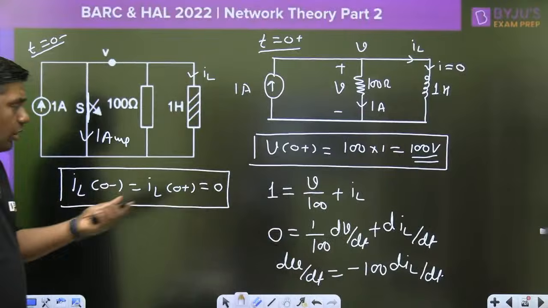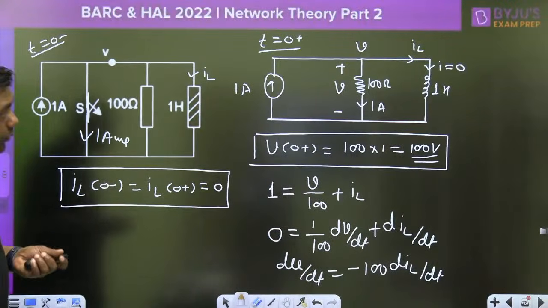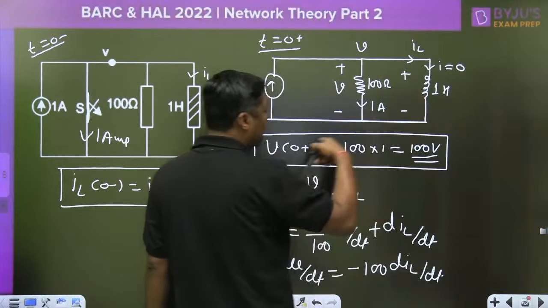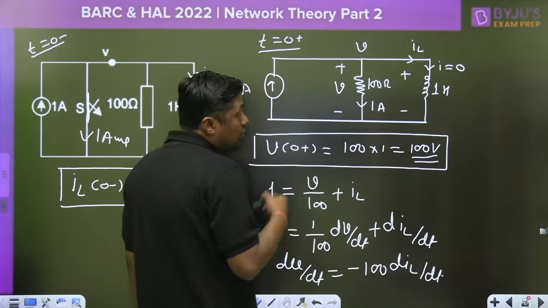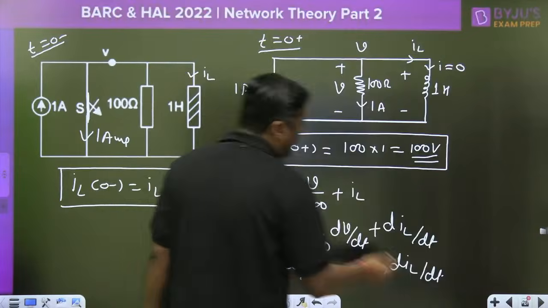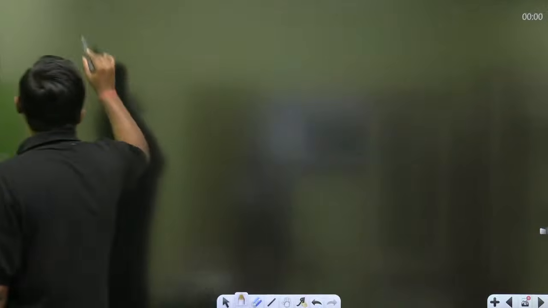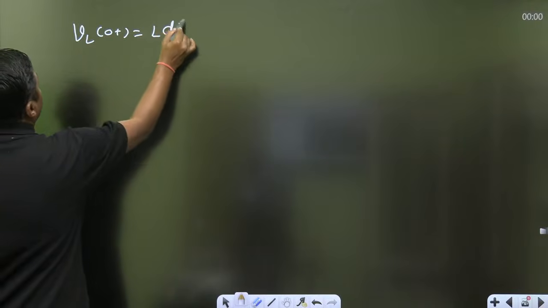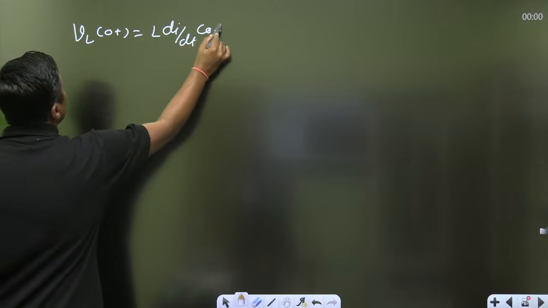So what is the value of dIL/dt? Because we have the initial voltage across the inductor, we can find it. The voltage across the inductor is given by L dIL/dt at 0 plus.